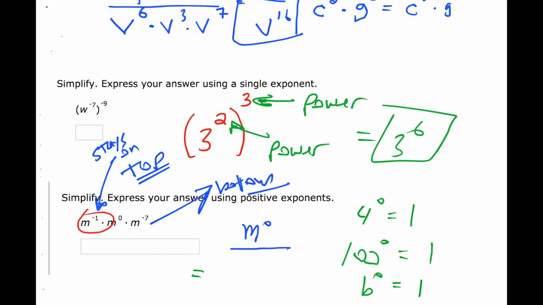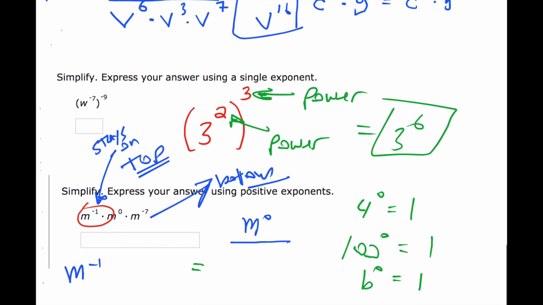Because this m to the negative 1 is unhappy. Wait, it is, hold on. I said, no, but what is m to the negative 1? No. This is unhappiness right here. Unhappiness?